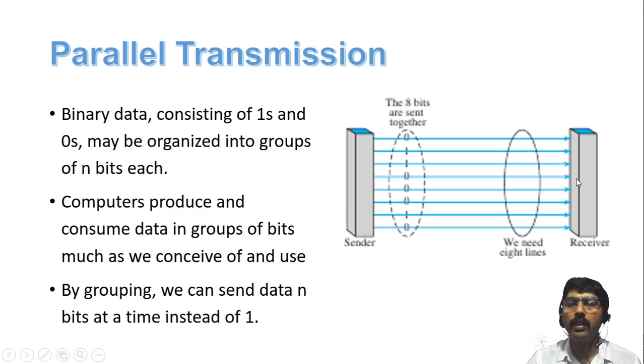Sender as well as receiver are dealing with n number of bits. Here n bits are sent, and here n bits are received at the same time. This is called parallel transmission. This type of transmission generally happens in your local computer most of the time.